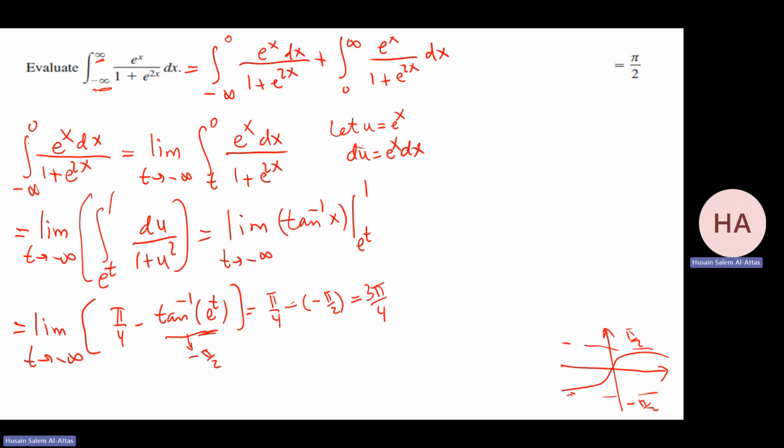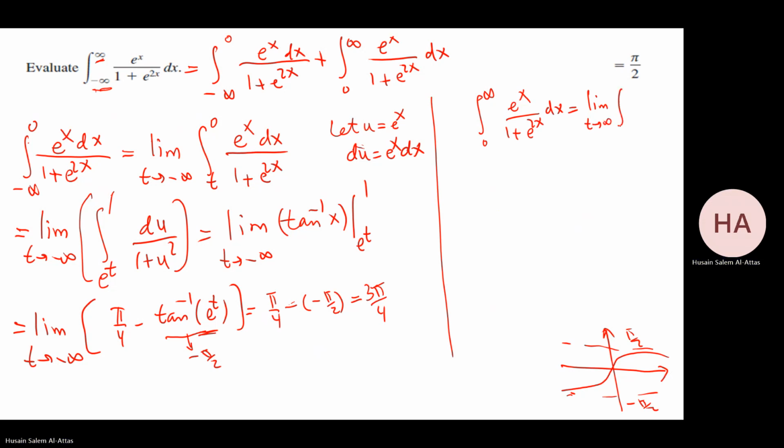Yeah. Now let me do the other one. The integral from 0 to infinity of e to the power x over 1 plus e to the power 2x dx. That will be the limit as t goes to infinity of the integral from 0 to t of e to the x over 1 plus e to the 2x dx.